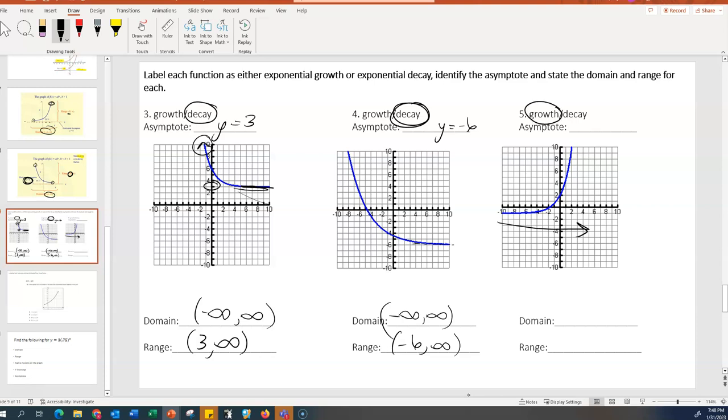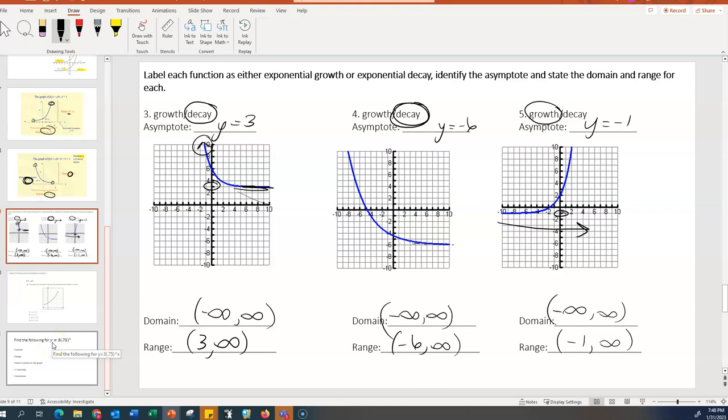So this is a growth function. My asymptote is going to be at y equals negative 1. Domain, always negative to positive infinity. And my range is going to be negative 1 is the lowest value up to positive infinity.